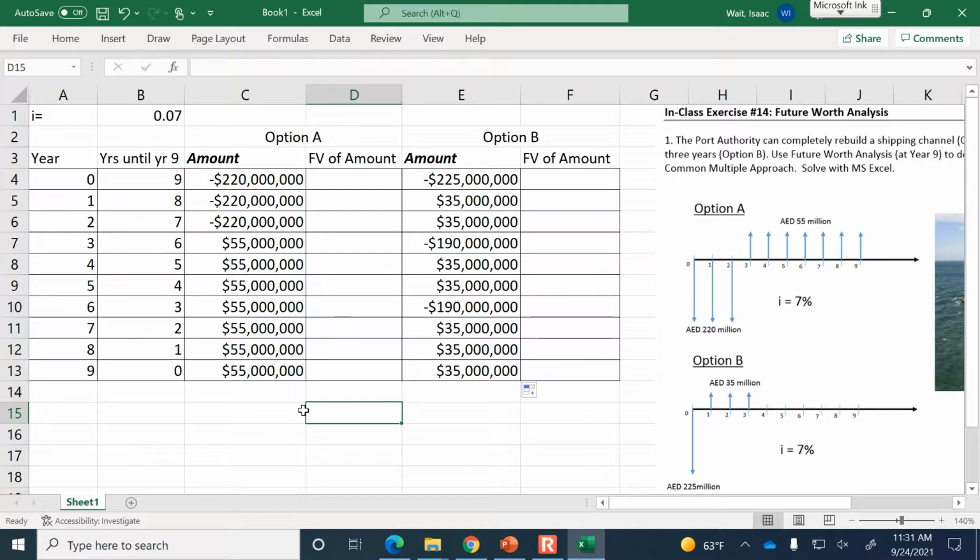That effectively means that you had a year where the item wasn't in use between 3 and 4. So you need to be careful on when you actually purchase the item again. You need to purchase it so that there is uninterrupted service through the entirety of the cash flow diagram. So that means we need to do it at year 3 and year 6. So that's one of the common mistakes that I sometimes see people make.